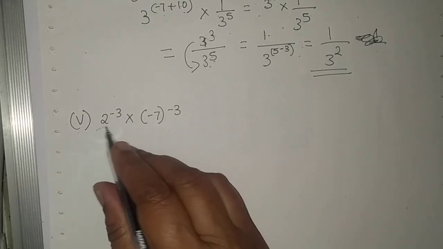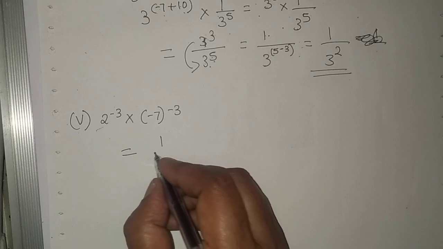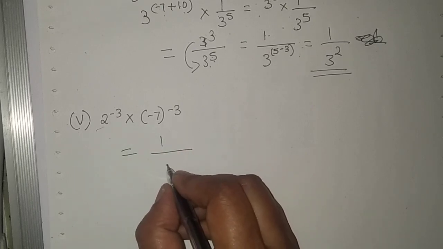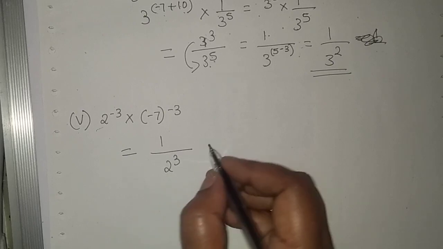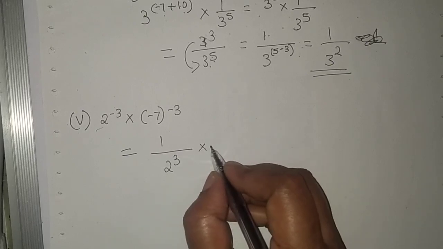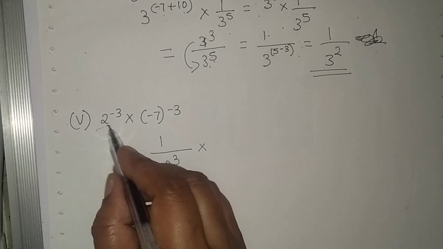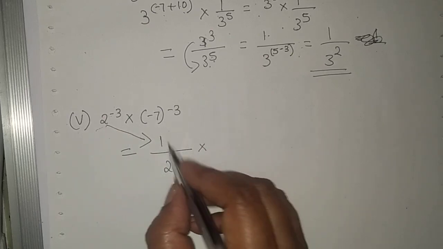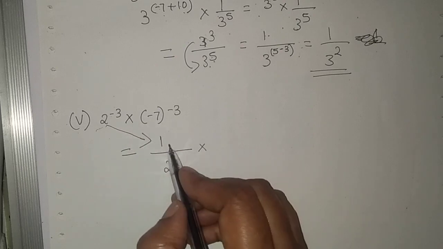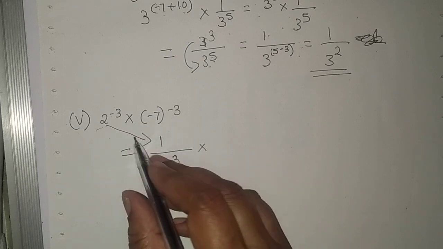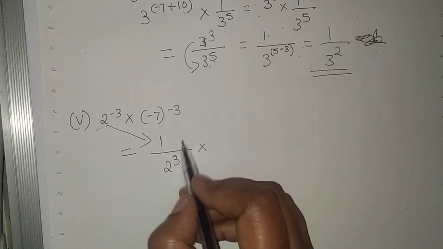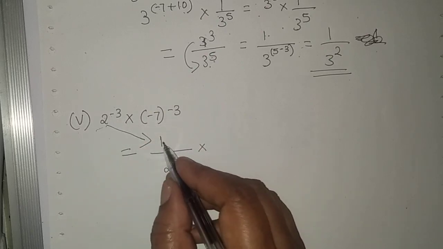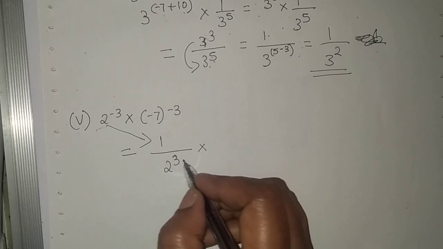This can be written as, 2 power minus 3 can be written as 1 by 2 cube, so 1 by 2 to the power of minus 3 can be written as 1 by 2 cube.